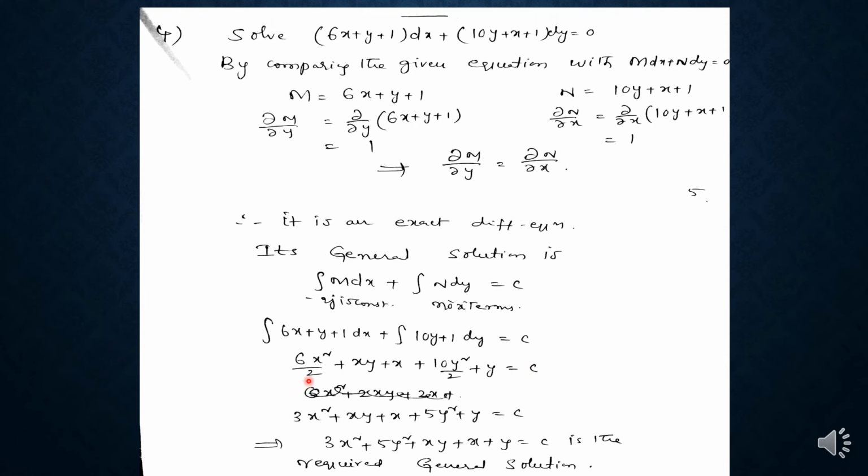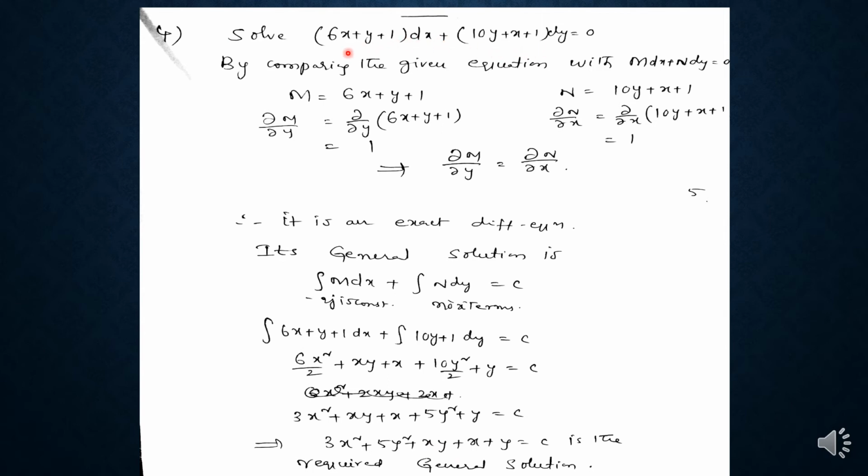Now by the cancellation we get 2 3s and 2 5s. That becomes 3x square plus xy plus x plus 5y square plus y is equal to c. So this can be written as 3x square plus 5y square plus xy plus x plus y is equal to c, the required general solution of the given differential equation.